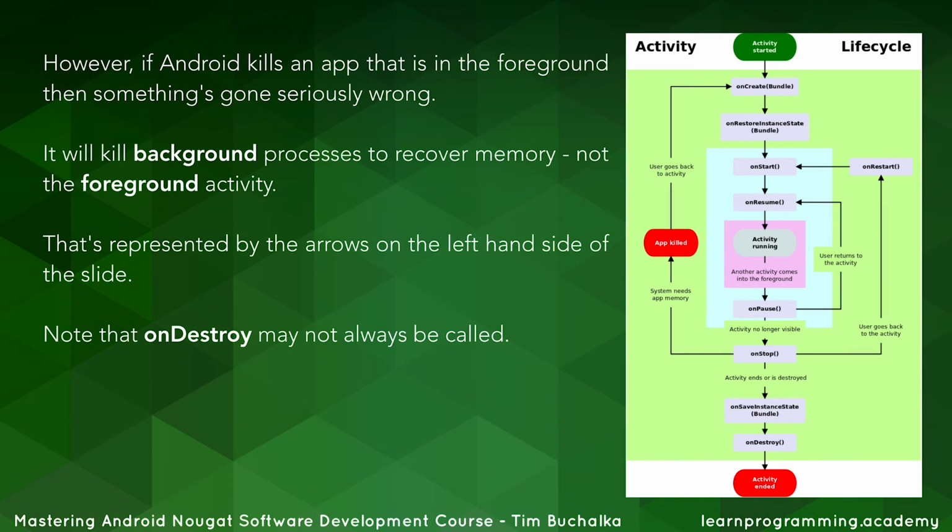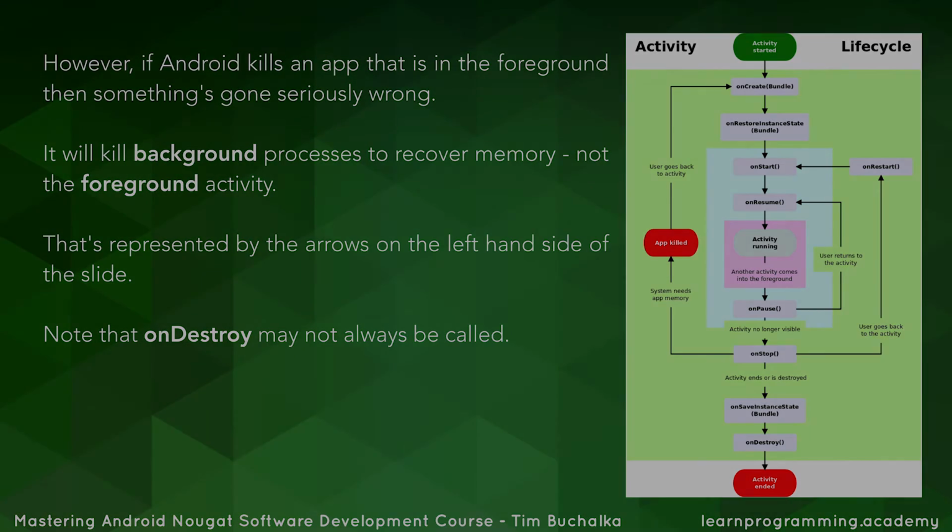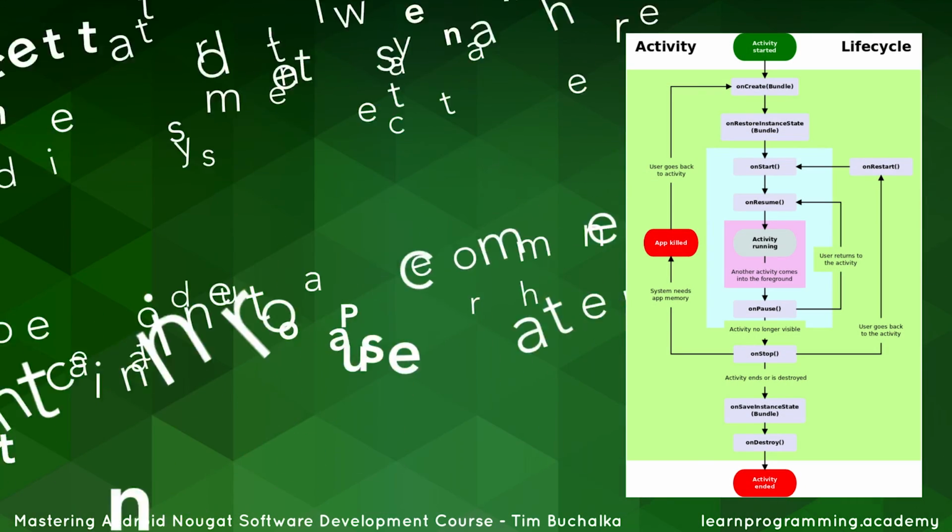However, if Android kills an app that's in the foreground, then something's gone seriously wrong. So Android will kill background processes to recover memory, but not the foreground activity. Now that's represented by the arrows on the left-hand side of the image on this slide. And note also that onDestroy may not always be called.